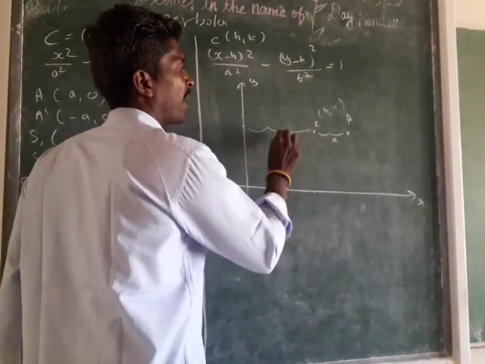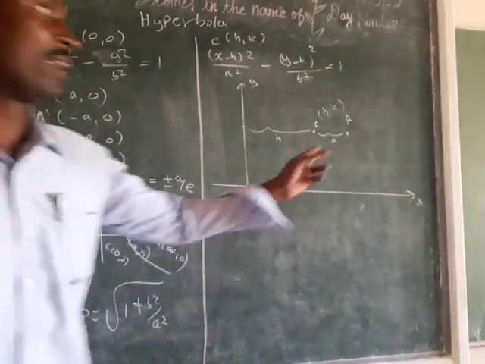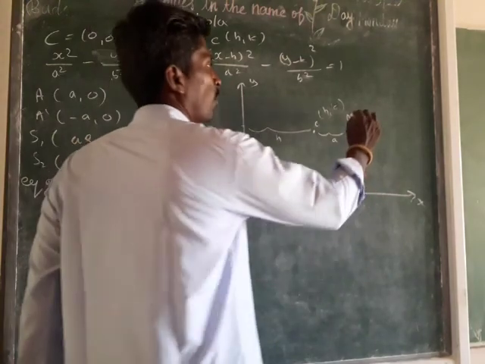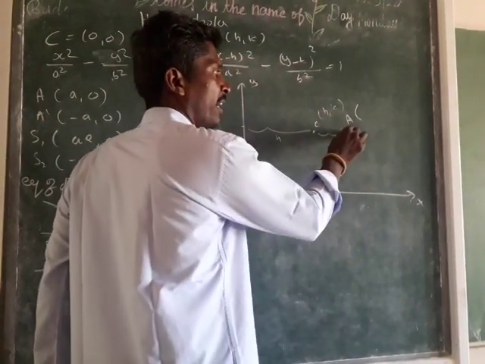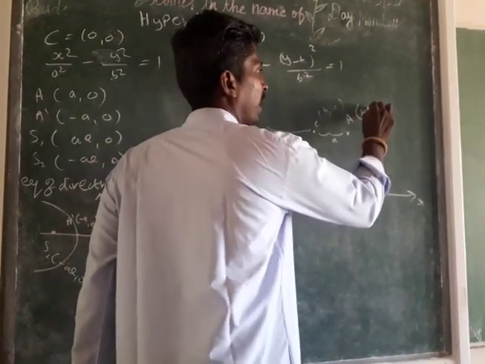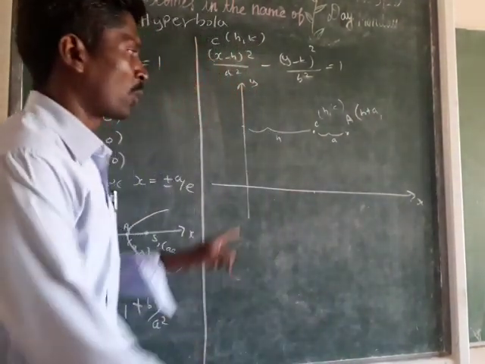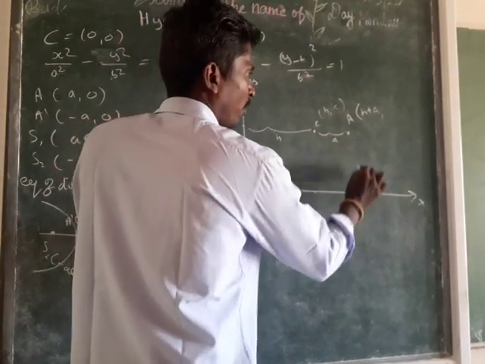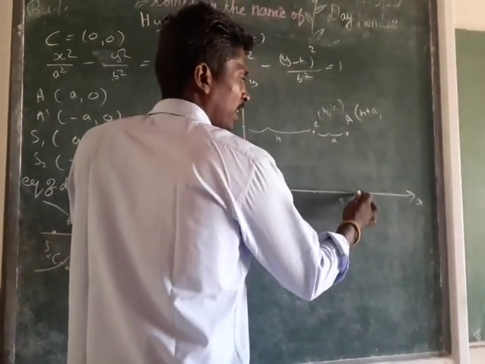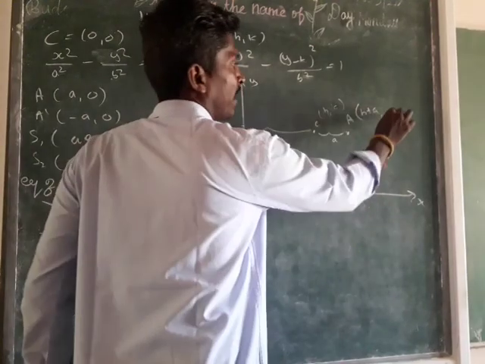Already from here we have h. Now what will come in A? The x coordinate is already up to here h, then from C to A it becomes h plus a. So the total length up to here is h plus a, comma.